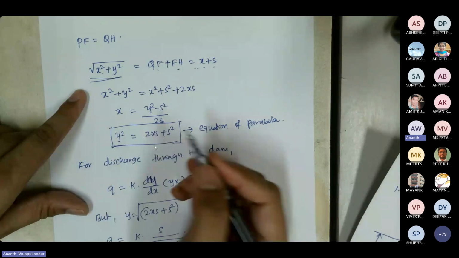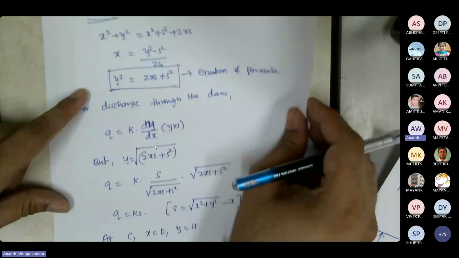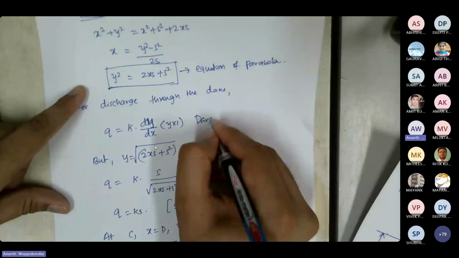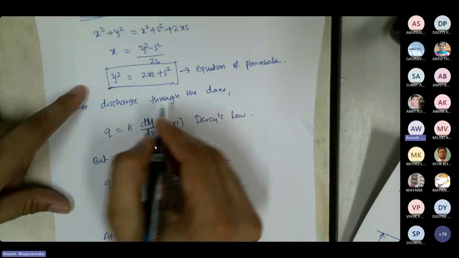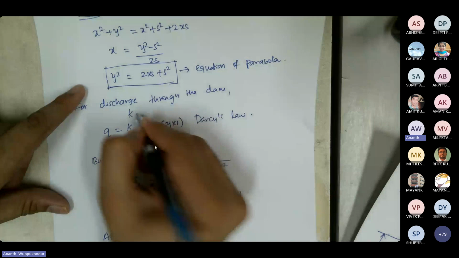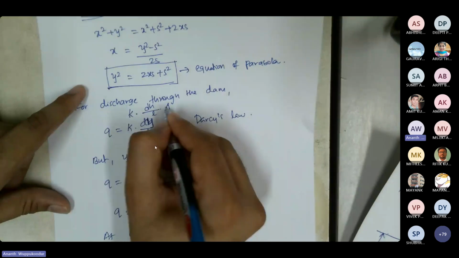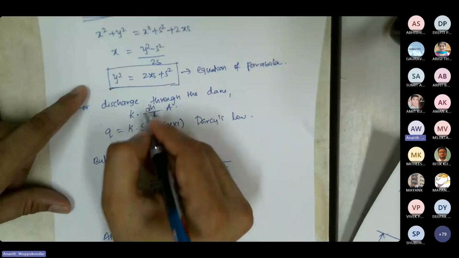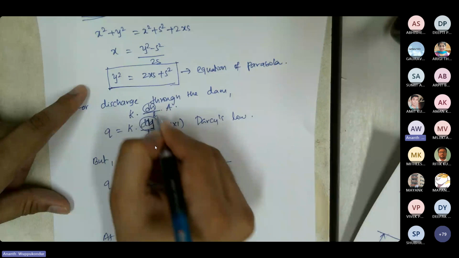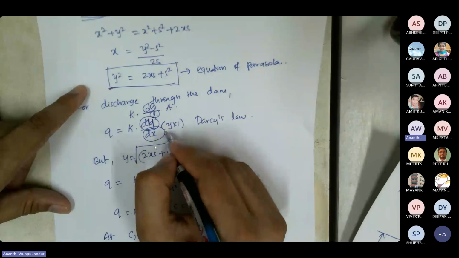And to find out what is the discharge through this parabola, we again make use of Darcy's law. So Darcy's law is K times dH by L times A. So here the head dH is dy, the length L is dx, and the area is y times 1.